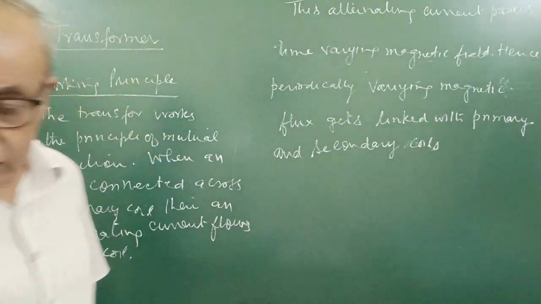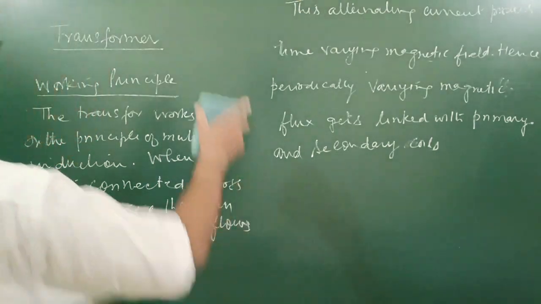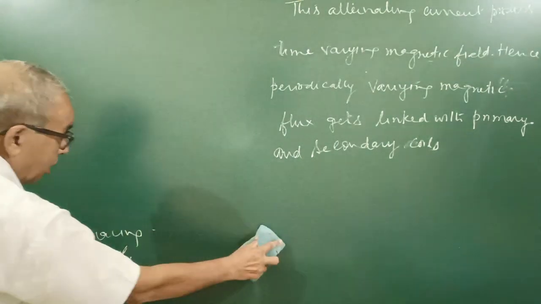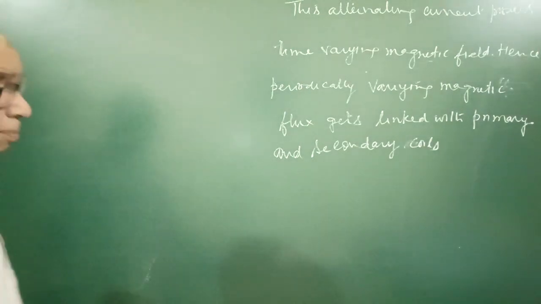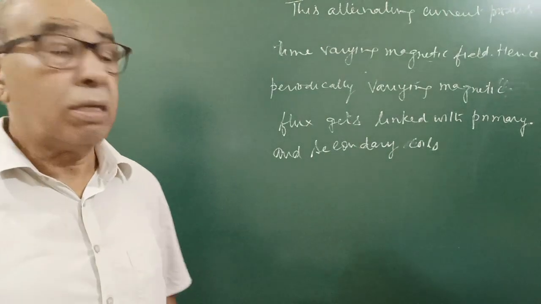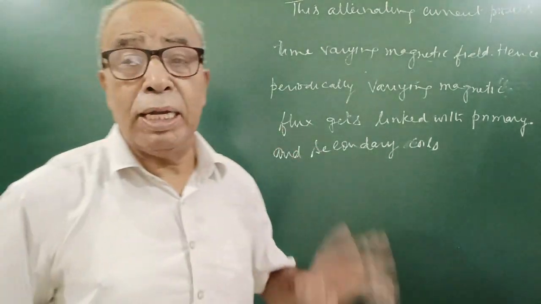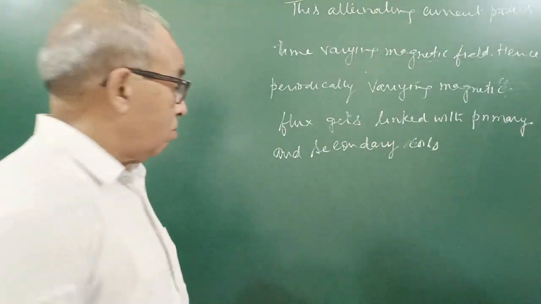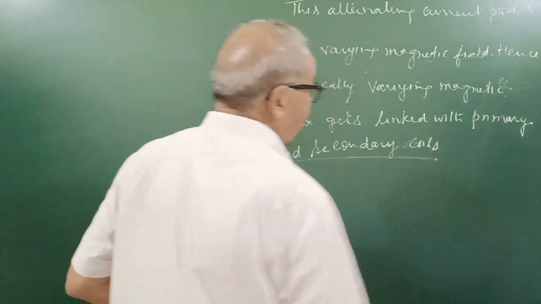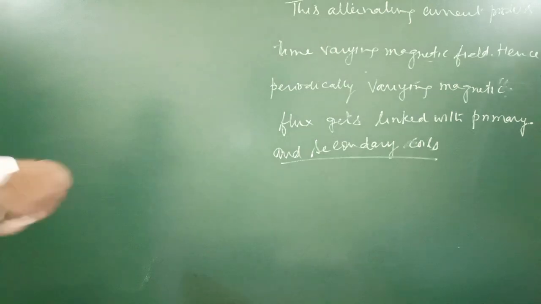The secondary coil is the one which is connected across the load resistance. So varying magnetic flux is induced in the primary and secondary coil both. Remember that a transformer works only on AC because the varying magnetic flux in primary and secondary is induced only then.